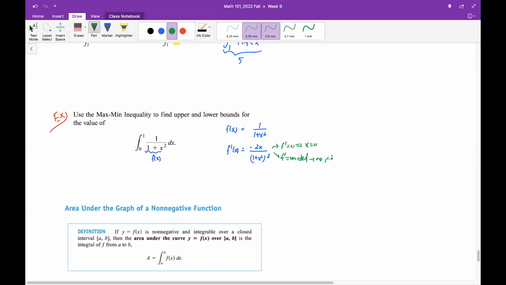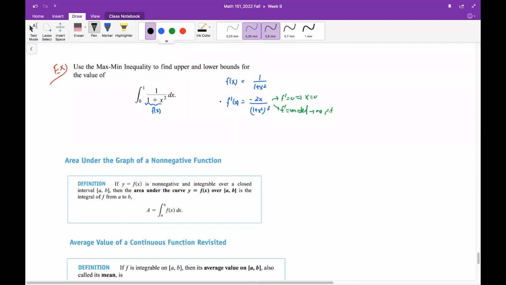Now you create your list of points from the critical points. By the way, the interval is the 0, 1 interval, so you should take this endpoint too and look at the images of your function on those endpoints.